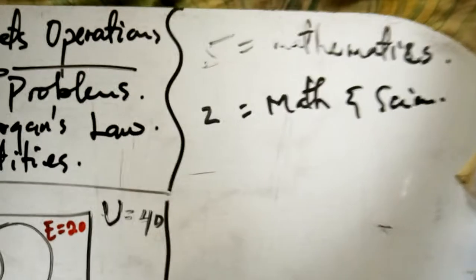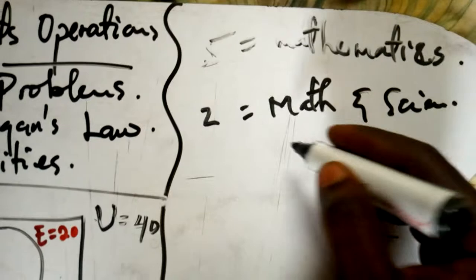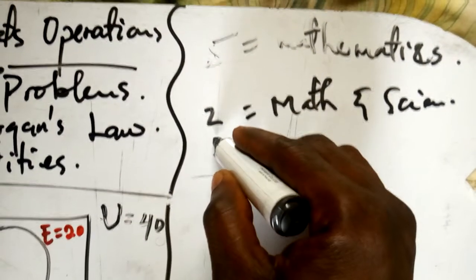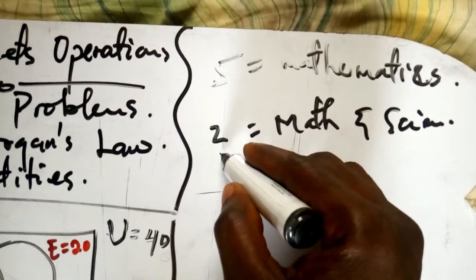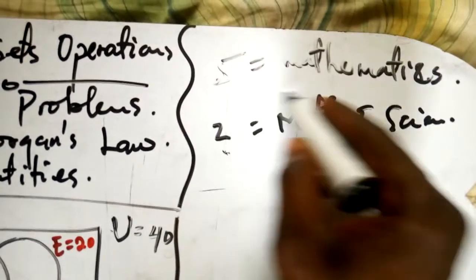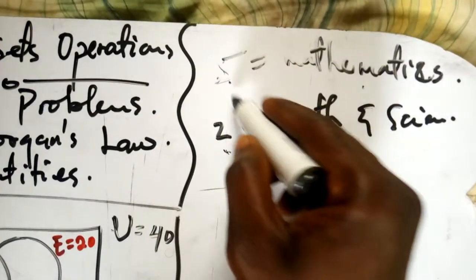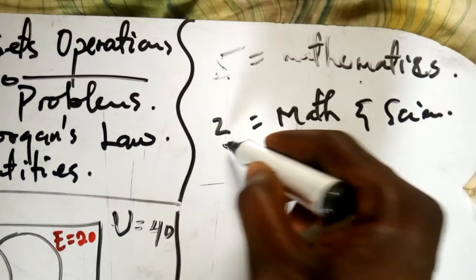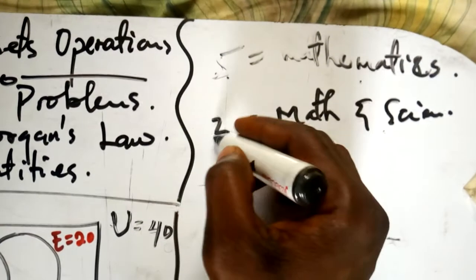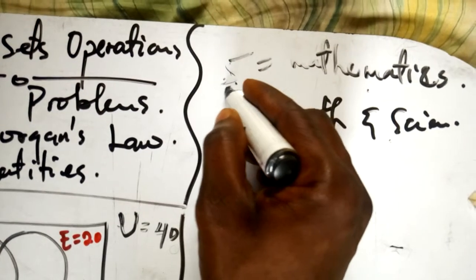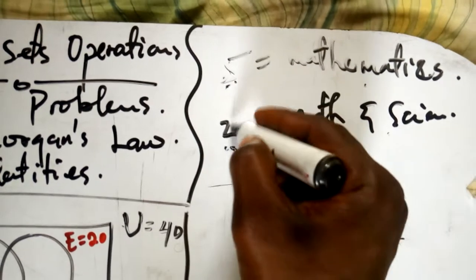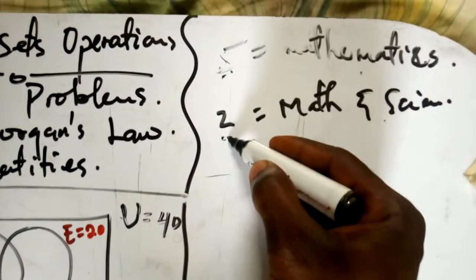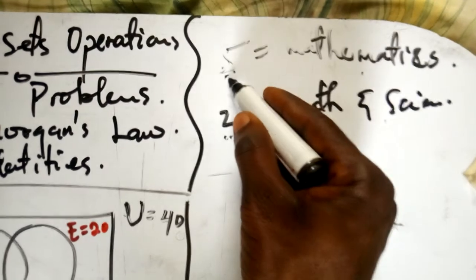When I'm counting mathematics, do you know that I will count these people in addition? I have to count these people in addition, right? So 5 people are doing mathematics over here, and then 2 people are doing math and science. Can't you see that these 2 people are part of the mathematics students? So when you call on mathematics students to come up, these people also have to get up. Making them 5.